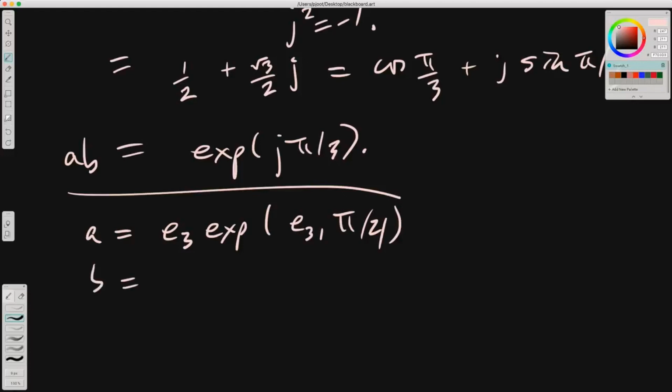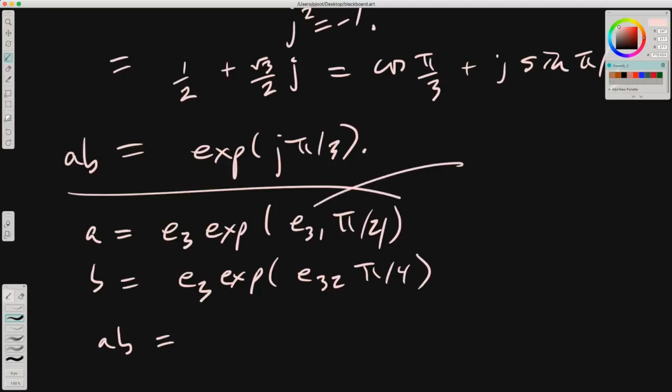B was E3 exponential rotating from E3 to E2 of pi by 4. And so we see that AB, and let's call these I, K, is E3 e to the I pi by 4 times E3 e to the K pi by 4.